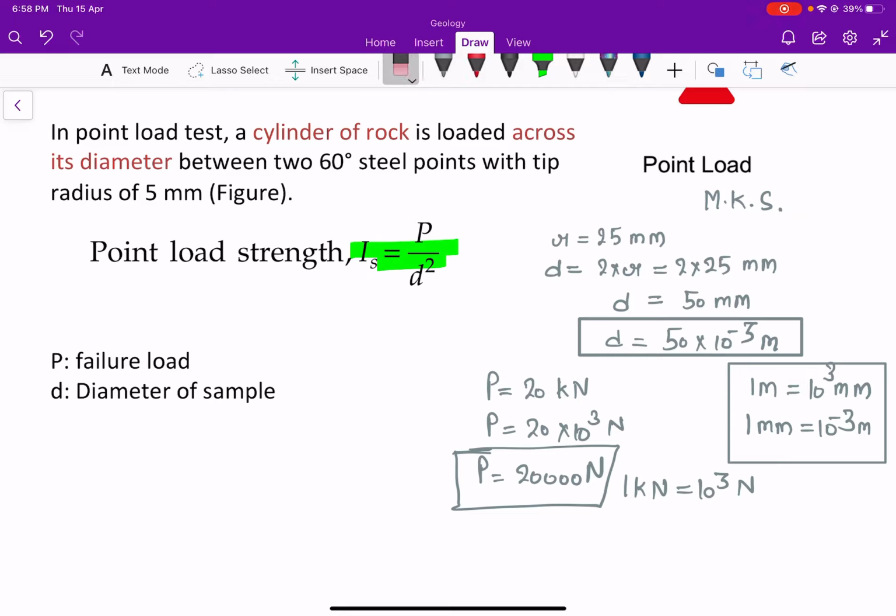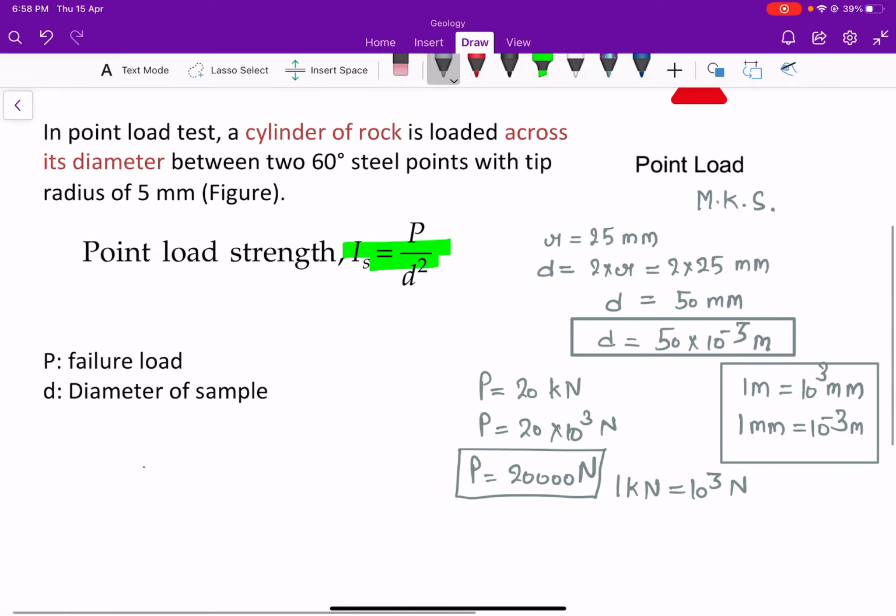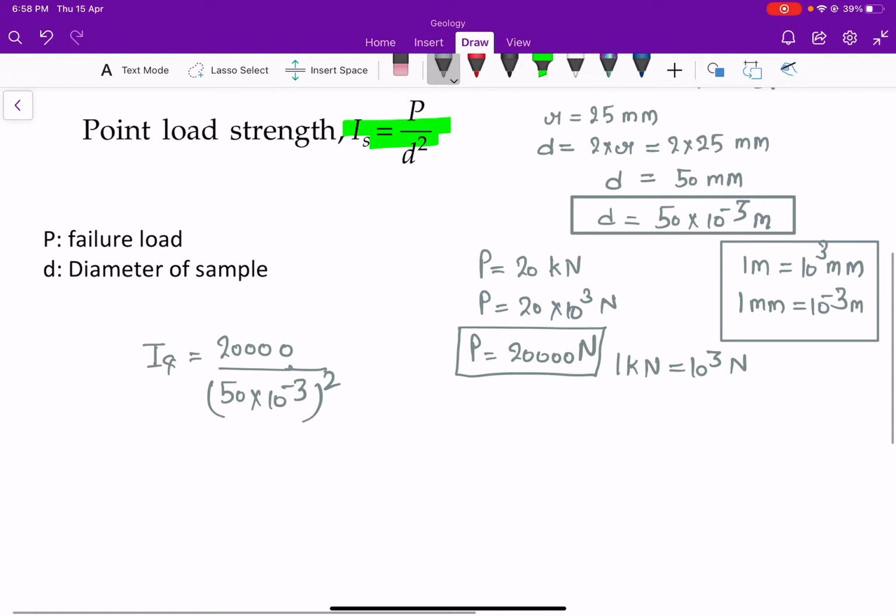So the point load strength Is is equal to P, the value of P is 20,000, divided by D square, that is 50 into 10 to the power minus 3, whole square. So Is equals 20,000 divided by 50 into 50 into 10 to the power minus 6.